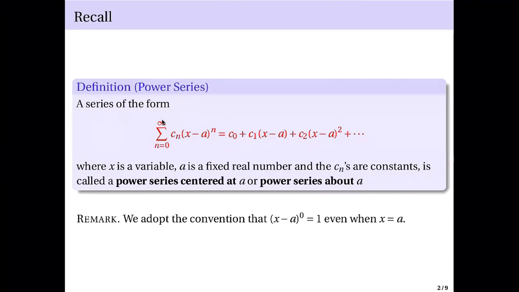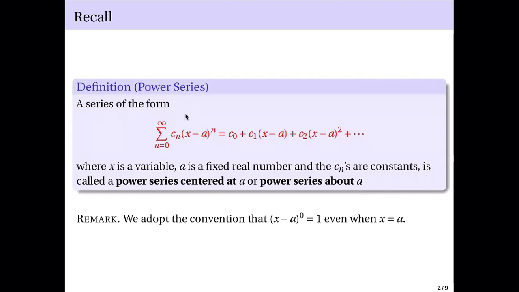Okay. So if you look at the expansion, we are using the following convention. Whatever your x is, (x minus a)^0 is always equal to 1. So we use this even if your x equals a. So take note, 0^0 is not a number.